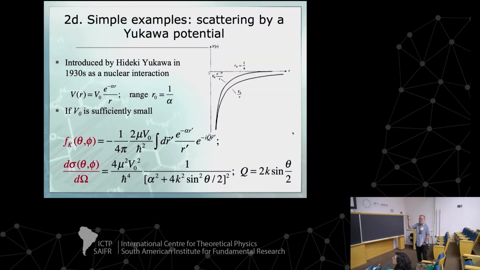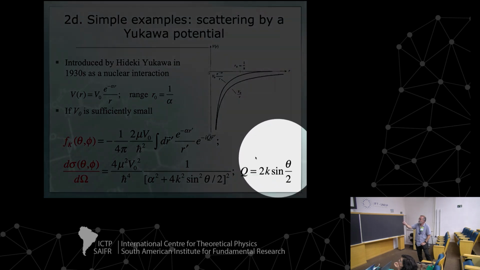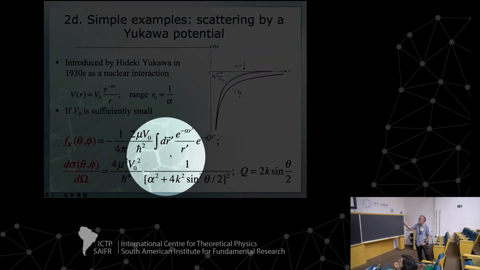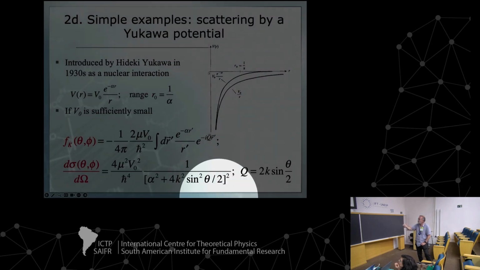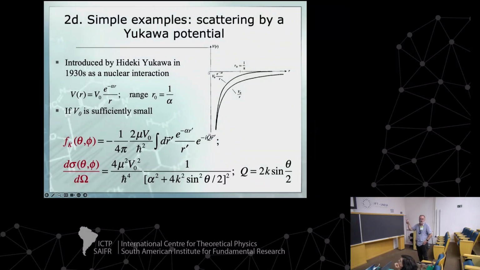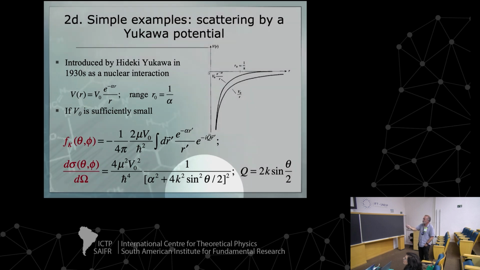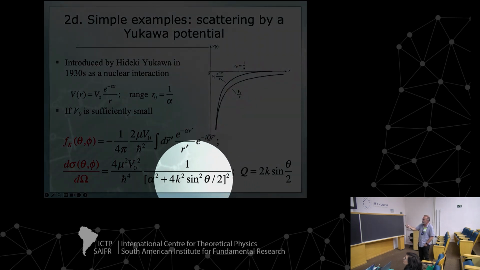Well, this is the typical interaction between a neutron and a nucleus that was proposed by Yukawa. The Yukawa potential, aside from being fundamental in soft matter physics, was first introduced into nuclear physics by Hideki Yukawa. And this is relatively small. So if this term here is not big, you can solve the equation. And here you see that the azimuthal angle psi goes away, and you end up only with dependence on theta.